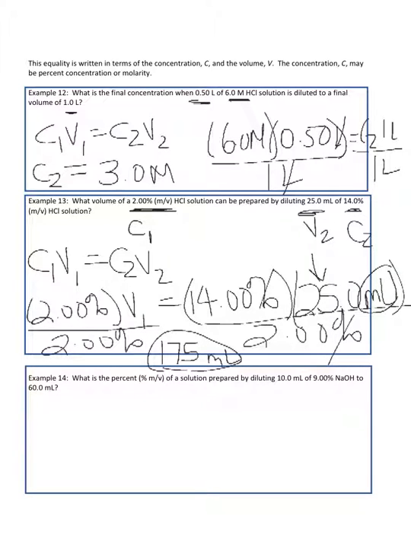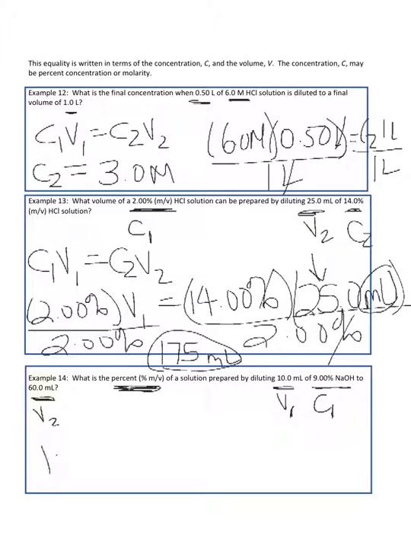Okay, example 14. What is the percent mass by volume of a solution prepared by diluting 10 milliliters, this is a volume, of 9%, this is a concentration, to 60 milliliters, this is a volume. So we have a V1 and a V2, we have a C1. We want a concentration, so we're looking for a C2.